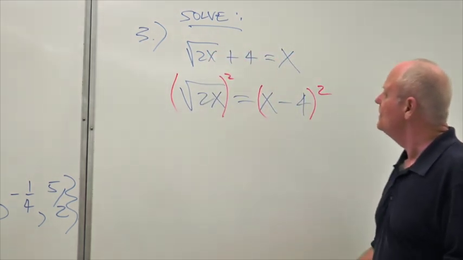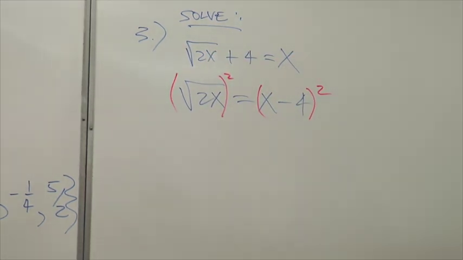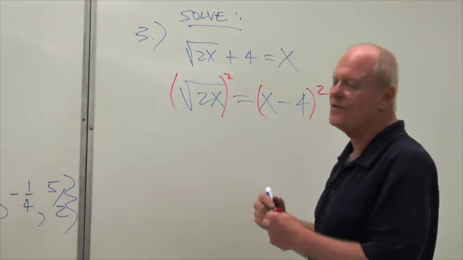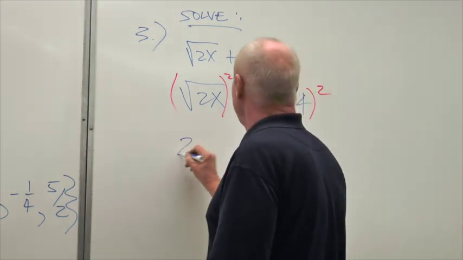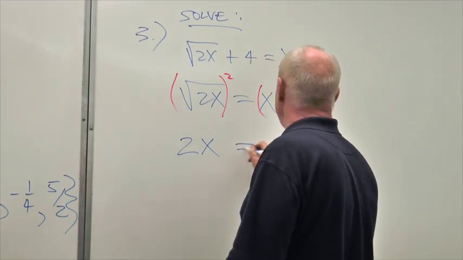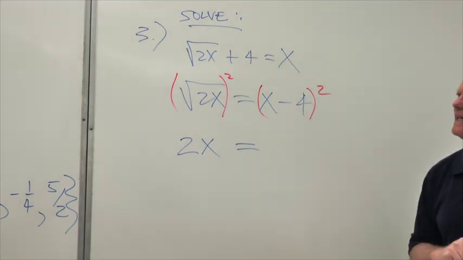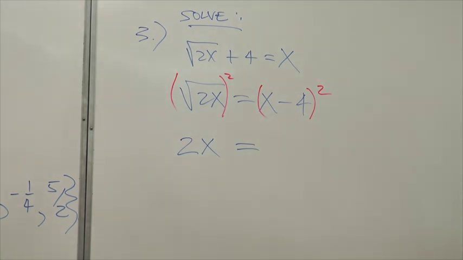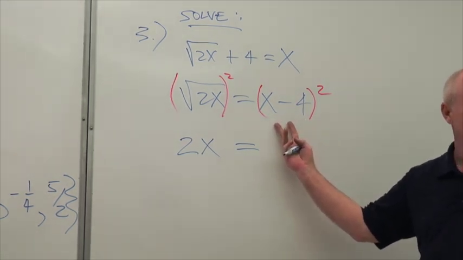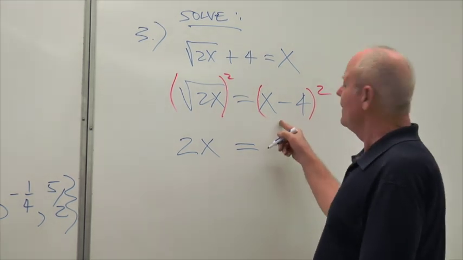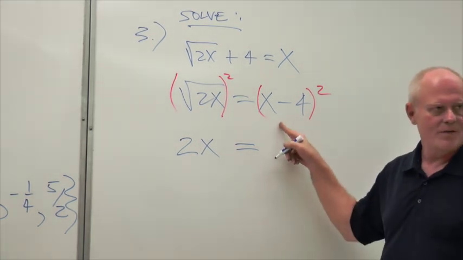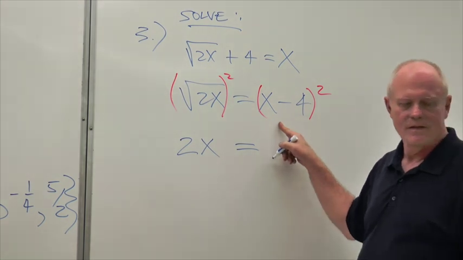All right. So far, so good? All right, so that's going to do something for us. It's going to get rid of this radical, and we're left with just 2x on the left. But what's the trade-off? What's on the right-hand side? x minus 4, the binomial squared. We have to actually FOIL that. Right? So what is the FOIL? You guys, can you do this, or do you want me to do it out by hand? You can do it, okay.